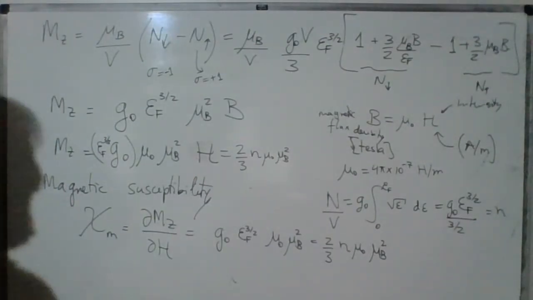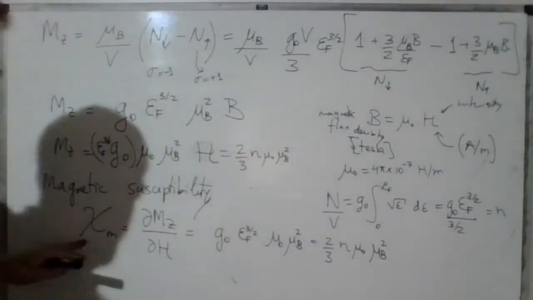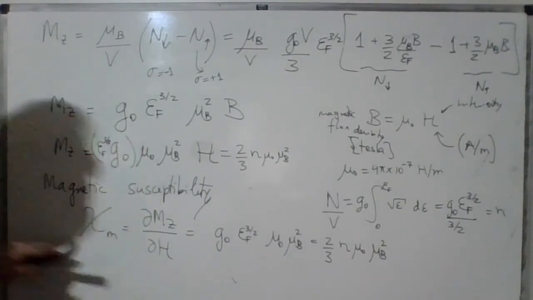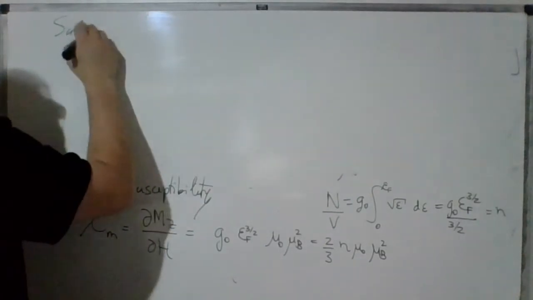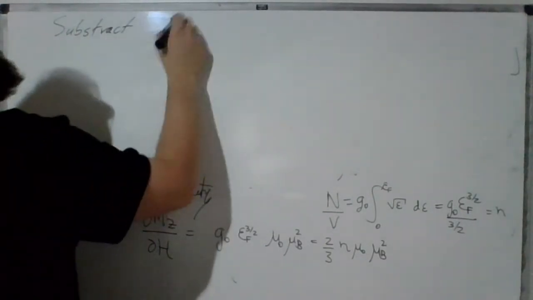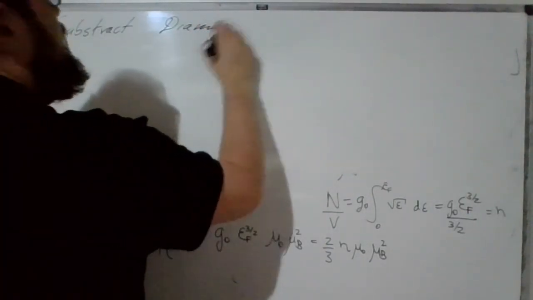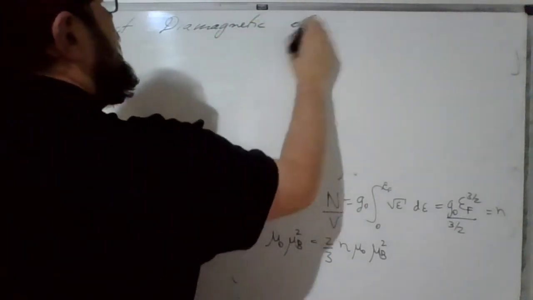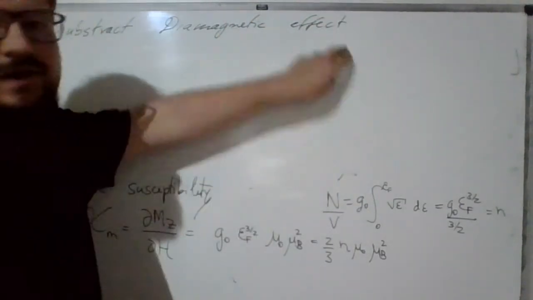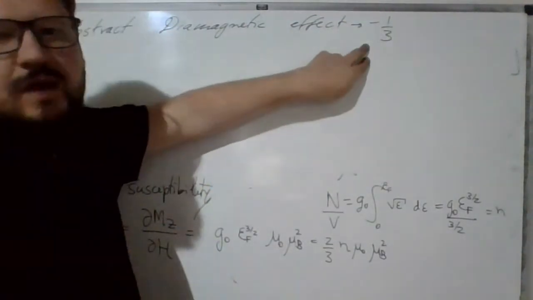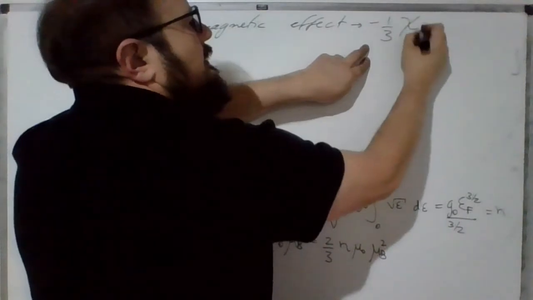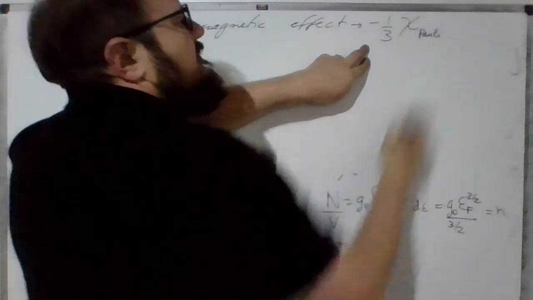Well, now from this magnetic susceptibility you subtract the diamagnetic effect, which corresponds to minus 1/3 of the Pauli factor.